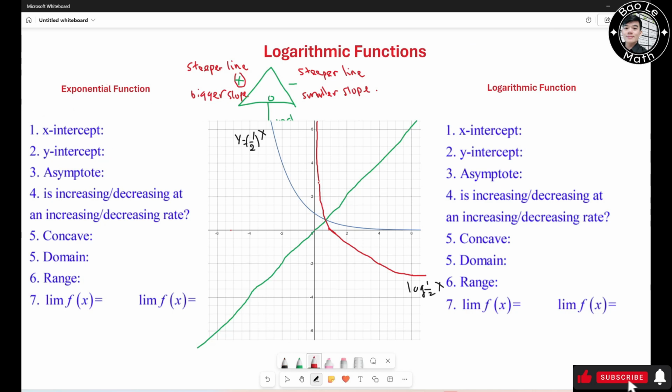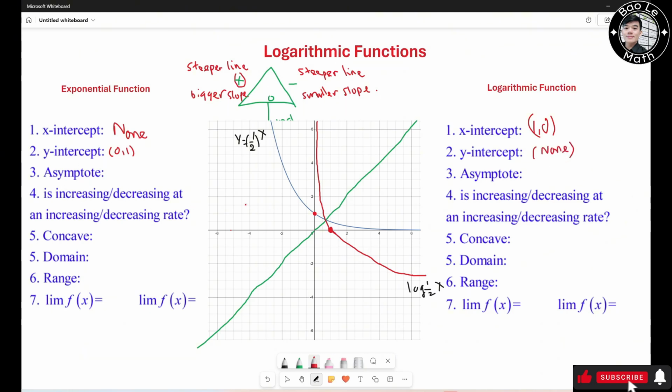Now the exponential function, the x-intercept is none, right? The x-intercept for the logarithmic function is going to be (1, 0). The y-intercept for the exponential function is going to be (0, 1), and for the logarithmic function it's none.